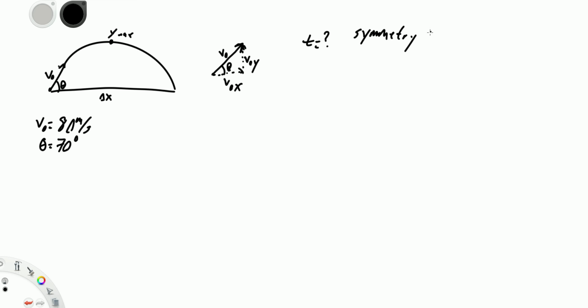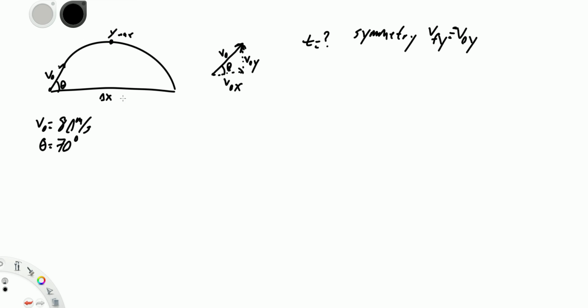And we know for symmetry that means our final velocity is going to be equal to the initial velocity. And I wrote it for the components because, spoiler alert, it's in opposite directions. So that's negative right there.